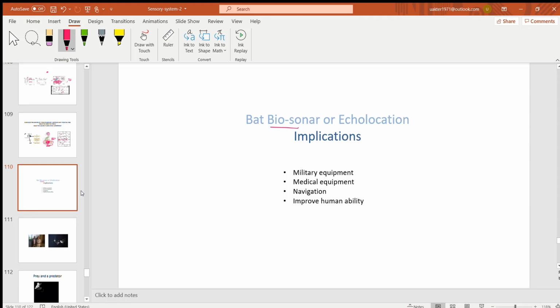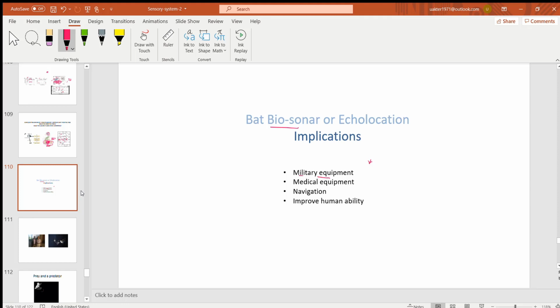So very important for military. Also Navy uses it to detect the underwater objects. So echolocation can also be used under the sea to detect the object distance, velocity, and the shape, size, all those information.